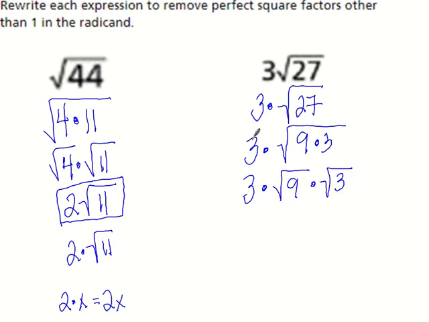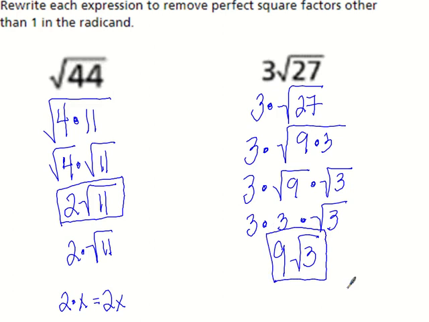Notice this 3 just keeps coming down. I get 3 times 3 times the square root of 3. I can then put these together and I get 9 square roots of 3. And this is my equivalent expression, removed my perfect squares.